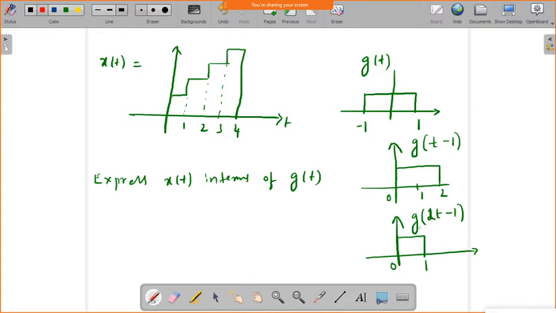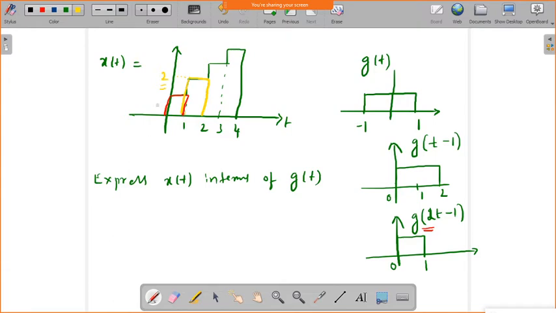So now from this signal we got only this portion. Now I need to get the second one, which is this one. How can we get it? You need to multiply whatever g of 2t minus 1 is there by 2, and also shift by one more unit, is it not?